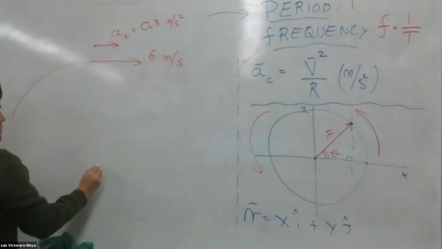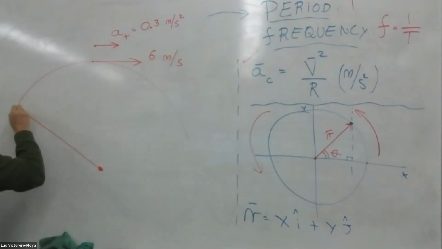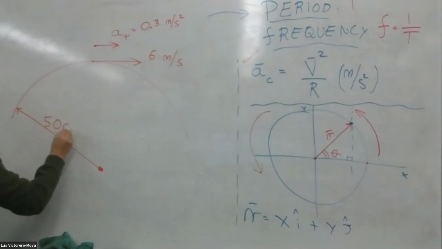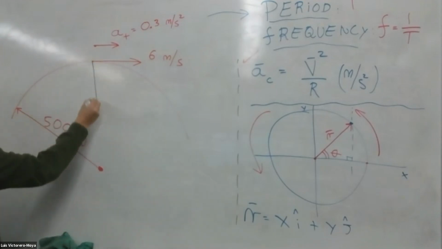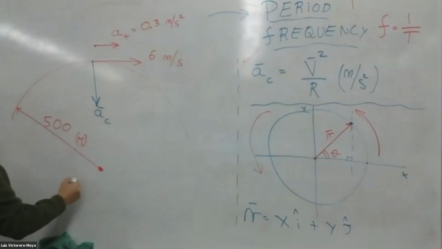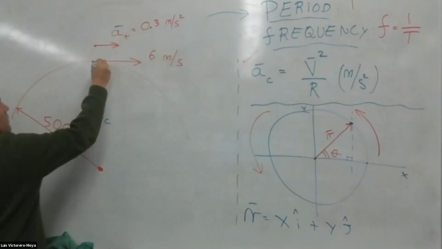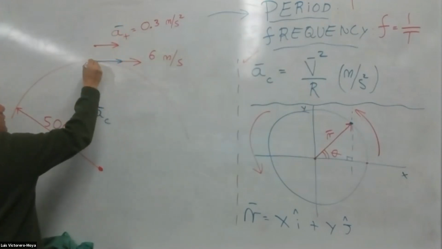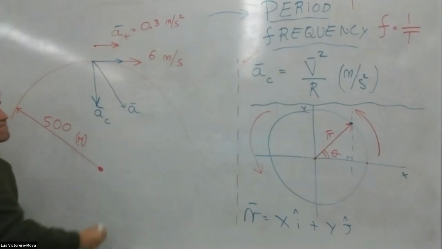And the radius is 500. So the centripetal acceleration always goes toward the center. Let's call this the centripetal acceleration. And then what I just drew here, this is the total acceleration.